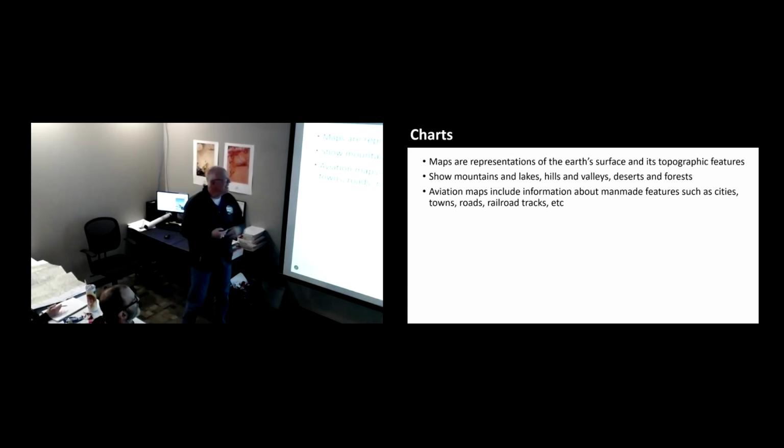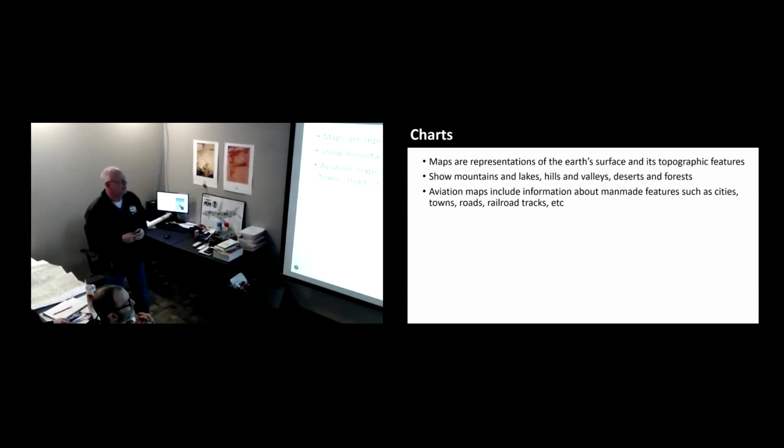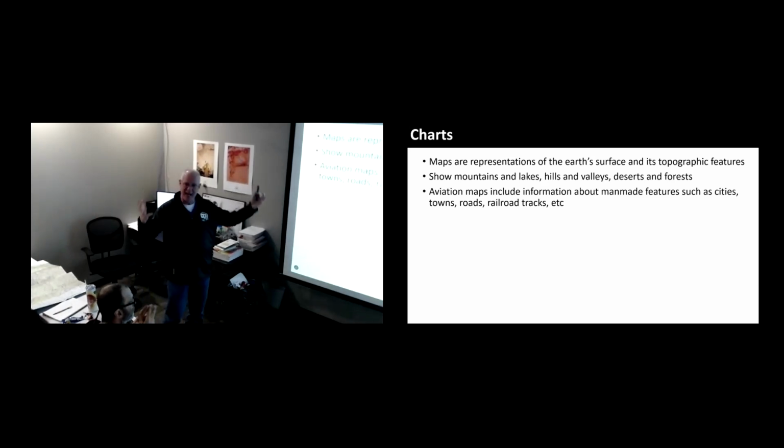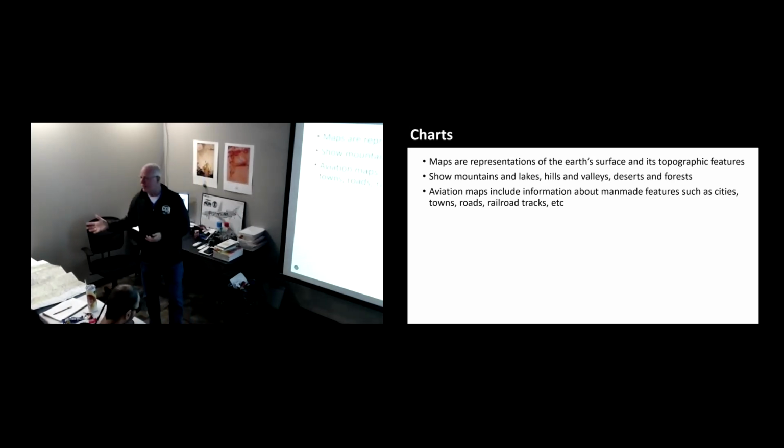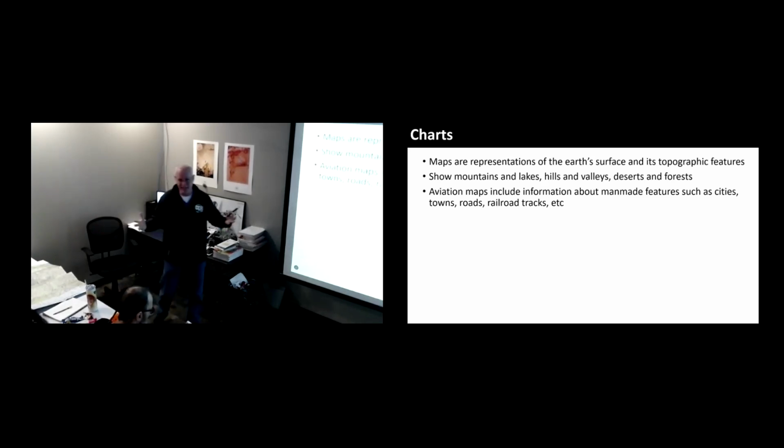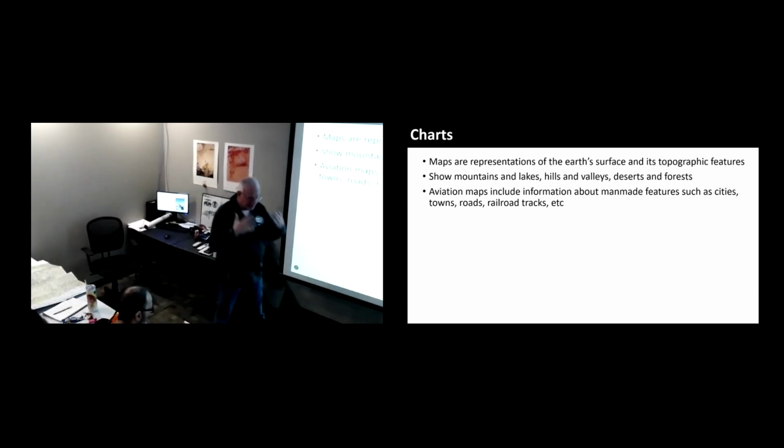Okay, first line talks about maps being representations of the Earth's surface, and its topographic figures, mountains, lakes, hills. Aviation maps include information about man-made features on the ground that you can see from the air, right? The whole purpose of these VFR charts is to be able to help us navigate VFR using our eyeballs and pilotage.